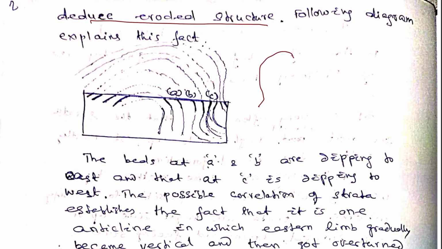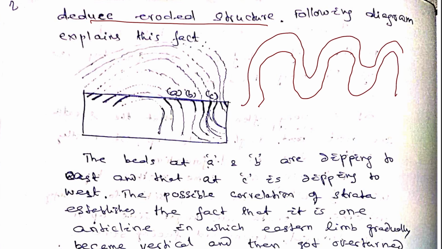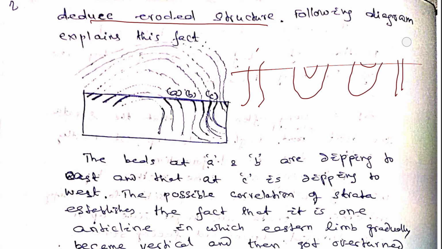Let us say this is a folded bed. If erosion takes place so that these top portions are found to be removed, we are having these beds that show their dips.